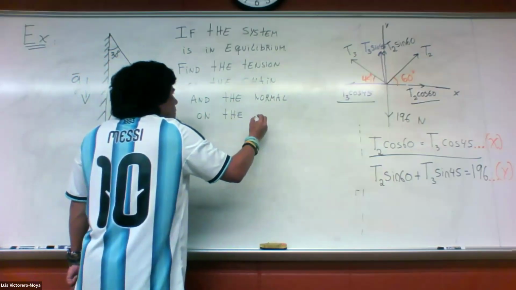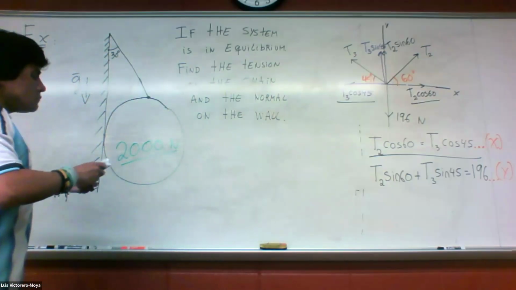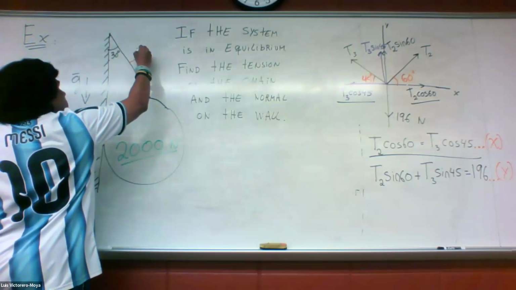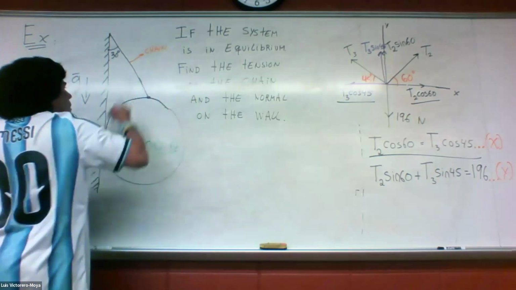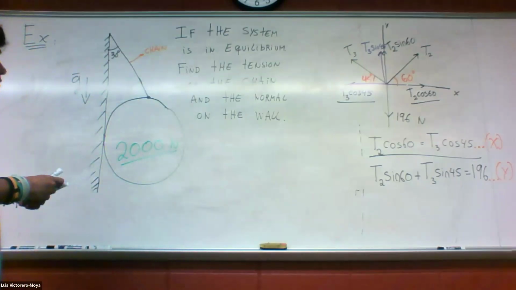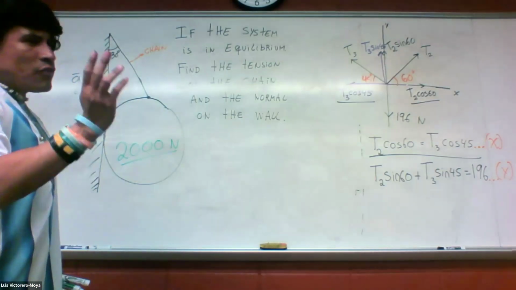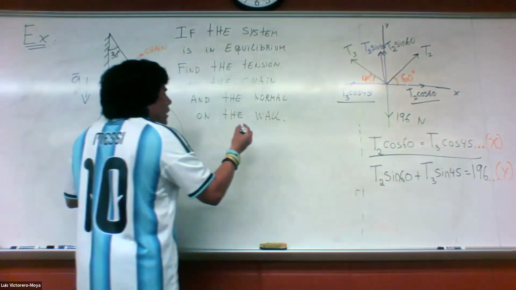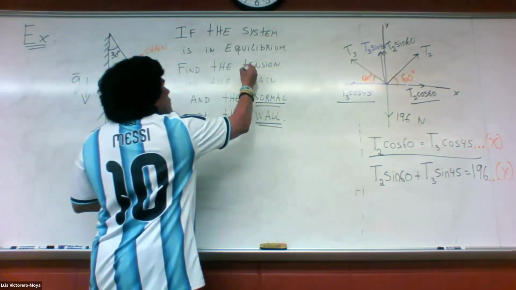It can be the reaction as well. So this is the chain. All right, I'll give you 5 minutes. No, 5 minutes, that's too much. Yeah, no, 5 minutes. So you guys can try and do this. I will leave that in there. It will help you. So you have the normal on the wall and the tension on the chain.